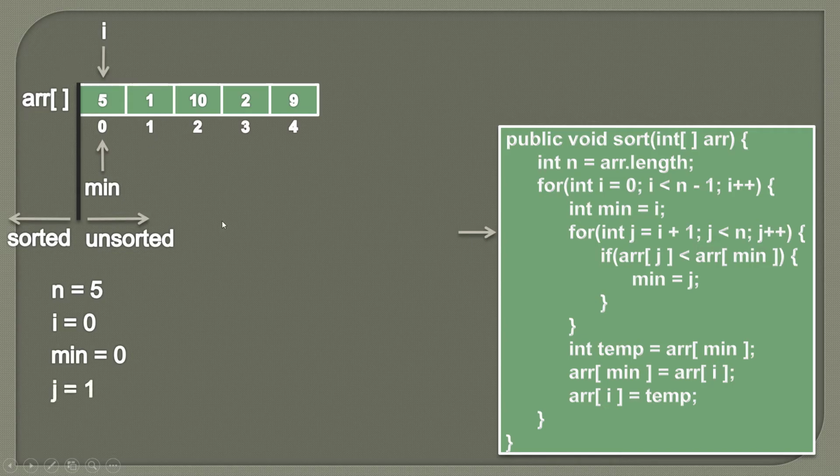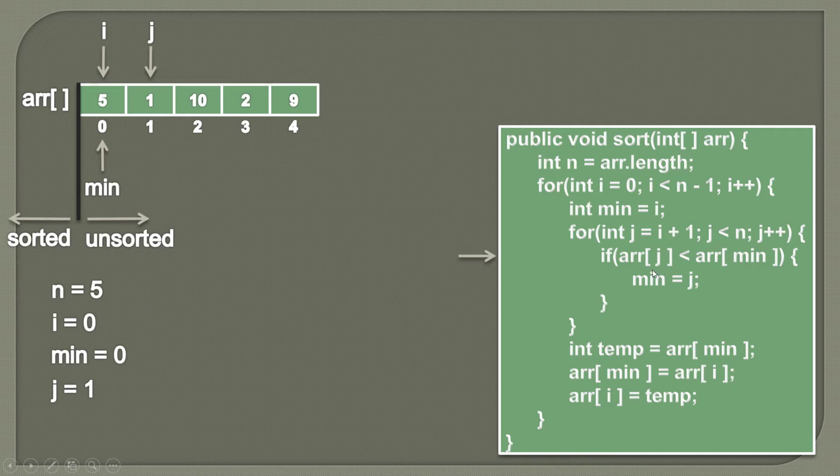So here you can see the value of j will become 1, which is 0 plus 1, which signifies that we are starting from this value, because we need to compare 5 with each and every value of this array. So j starts from i plus 1 and it will go till j is less than n. So less than n becomes 4, because we want to compare it with each and every element. So the last index of j would be 4. Let's move ahead and see how it works.